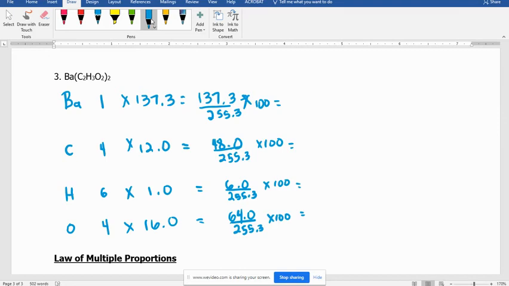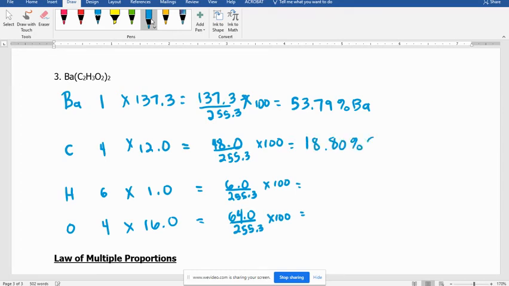So the first one ends up being 53.79, and that's percent barium. Next one is 18.80.